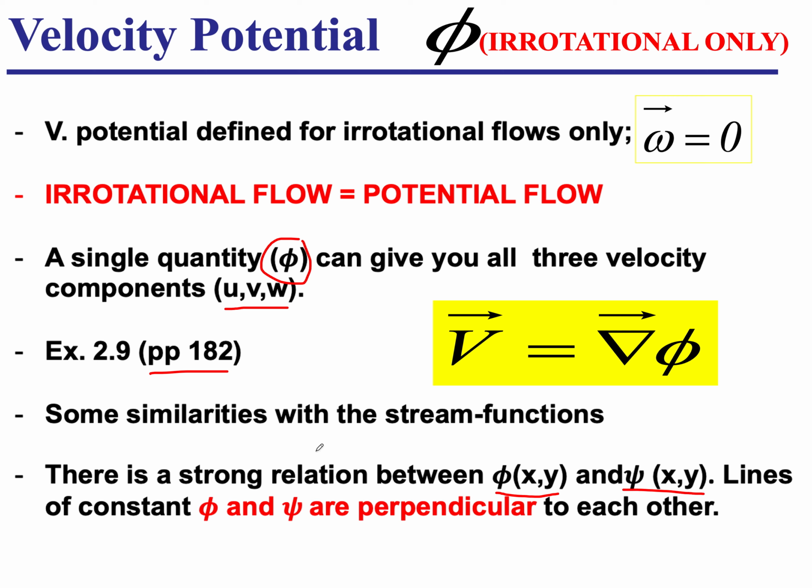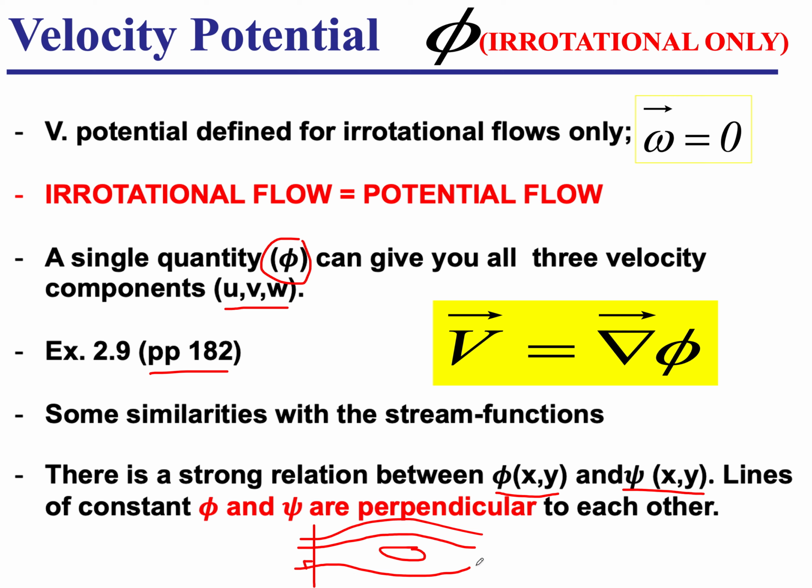So it's easy for us to visualize the stream function. Imagine this is my airfoil here. This is my streamline. So the family of streamlines is the stream function. What is a line that's perpendicular to this? That's a line at 90 degrees.